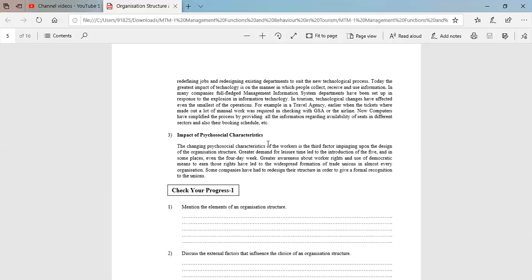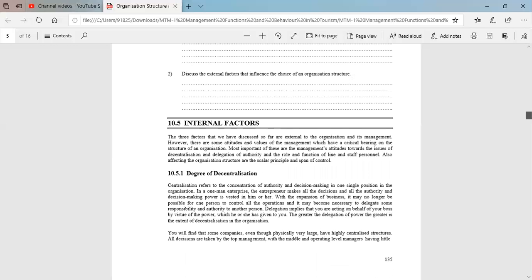Otherwise they will not respect the super senior, who appoints one senior. That is the psychosocial effect: psychologically making the social class.